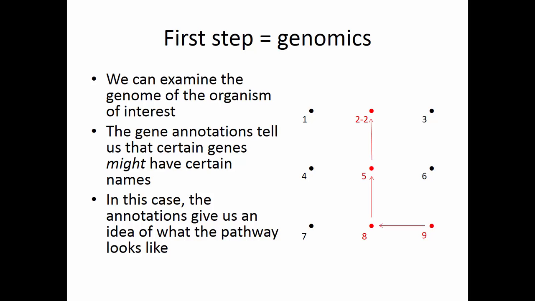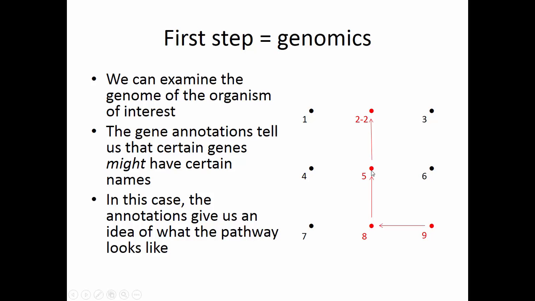So first we look at genomics. We can examine the genome of the organism of interest. The gene annotations will, to some degree, tell us that certain genes might have certain names. In this case, annotations can give us an idea of what the pathway looks like. So it could be that we see here number 9 to number 8. This gene that makes this enzyme could be a 9-ase that takes 9 and makes 8.